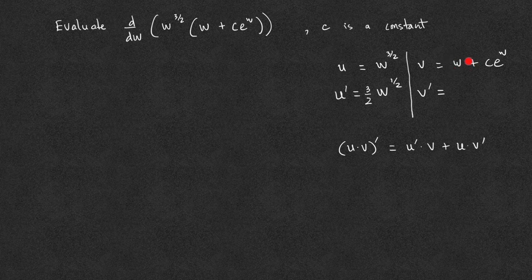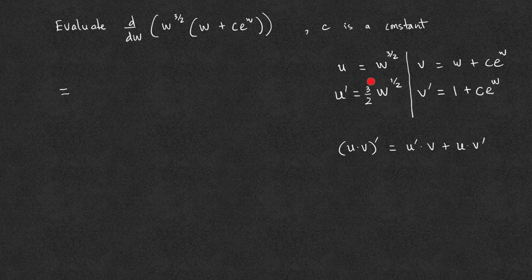The derivative of w with respect to w is 1. Think of w as x. Plus c times, the constant multiple stays, and the derivative of e to the w power is still e to the w.